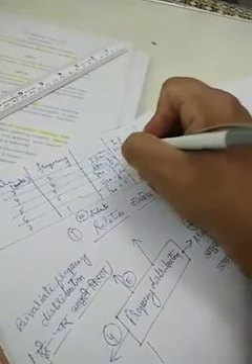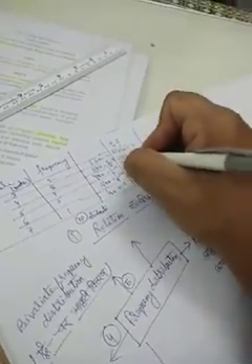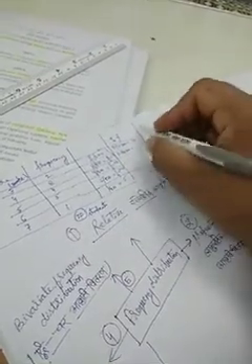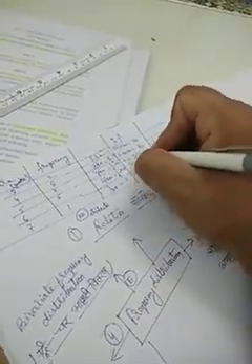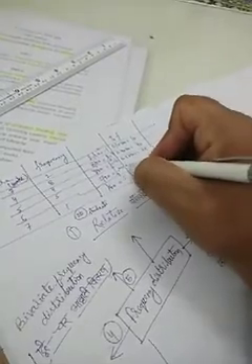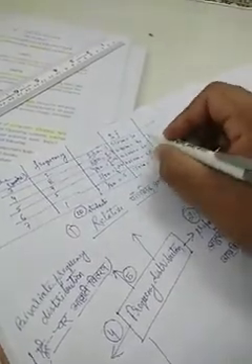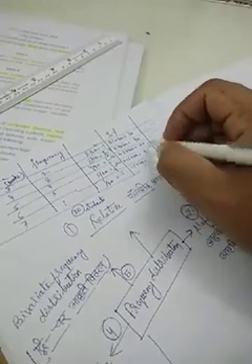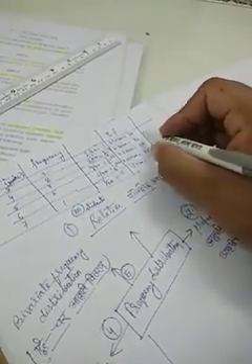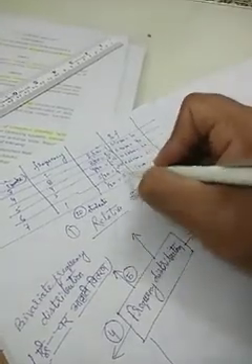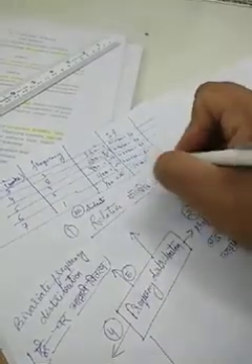So 0.1 multiplied by 100 is 10. 0.4 multiplied by 100, we get 40. 0.2 multiplied by 100, we get 20. 0.25 multiplied by 100, we get 25, and this last one is not 0.5, it is 0.05, sorry, multiplied by 100, we get 5.